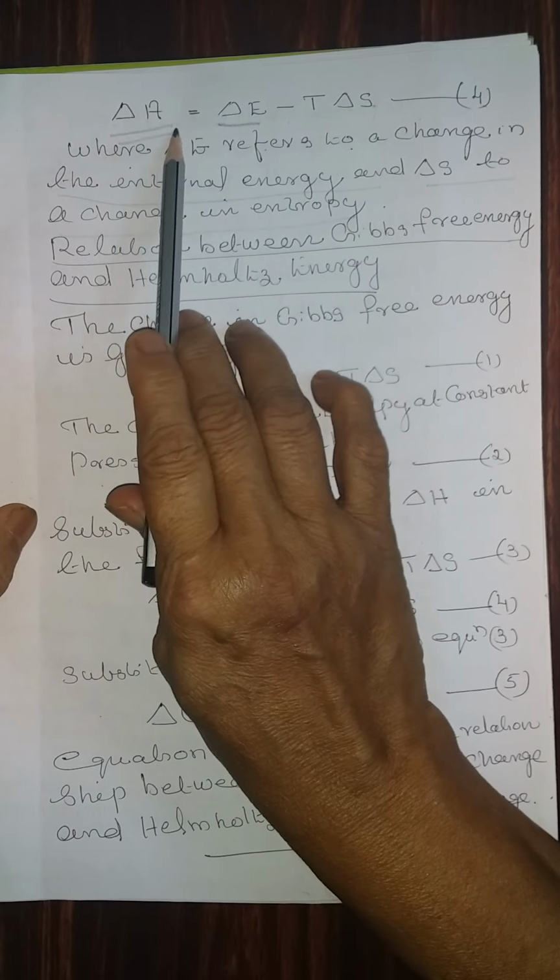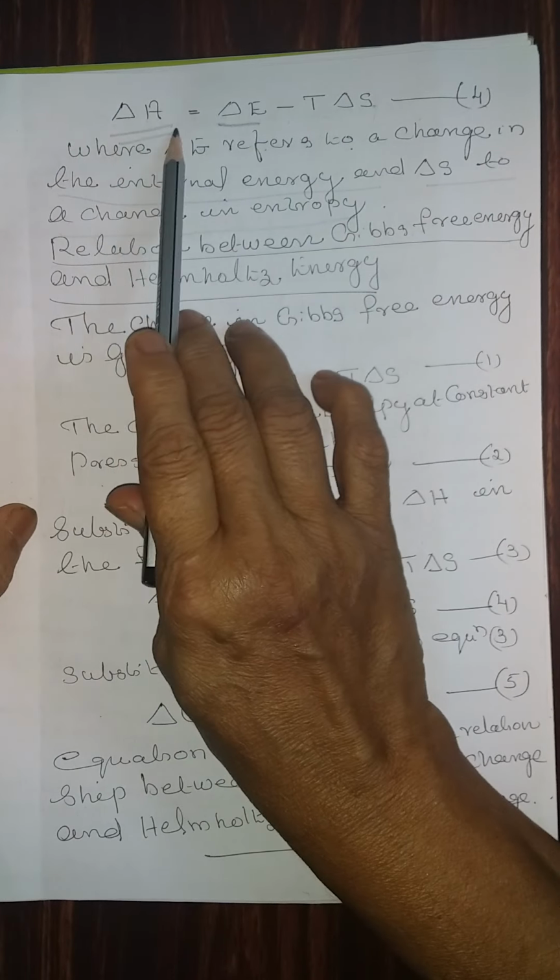That means delta P is kept constant, 0. This equation we can substitute here, that is, in place of delta H we put delta E plus P delta V. Delta G is equal to delta E plus P delta V, this is equation number 2, minus T delta S. Let it be equation number 3.